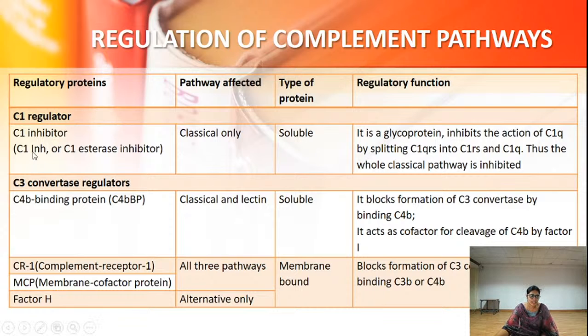The first regulator is C1 inhibitor. In which pathway is C1 present? It is present only in the classical pathway, so the affected pathway is only classical. It inhibits the action. The next ones you should remember are factor I and factor H. These are important in the complement pathways, blocking the formation of C3 convertase by binding to C3b.